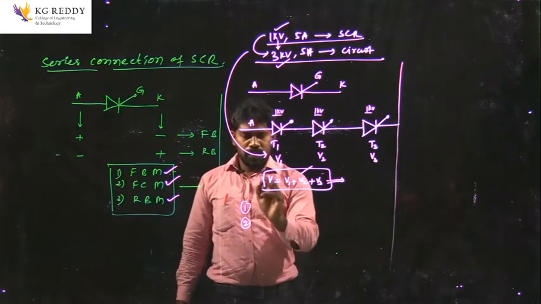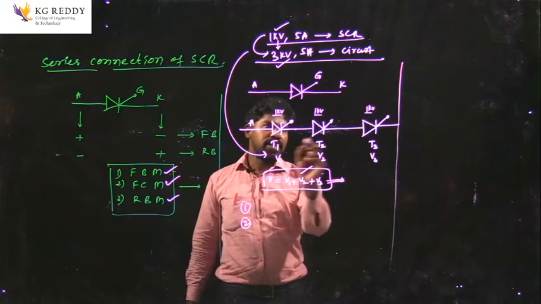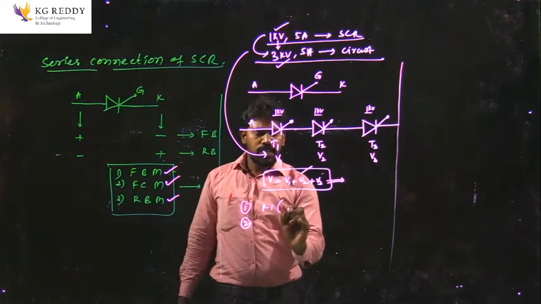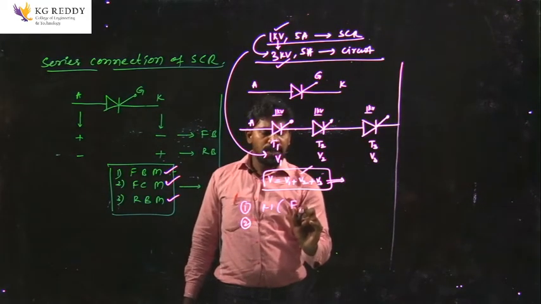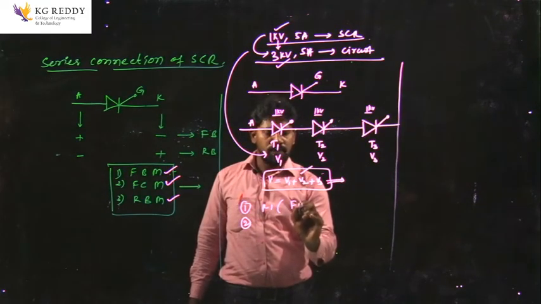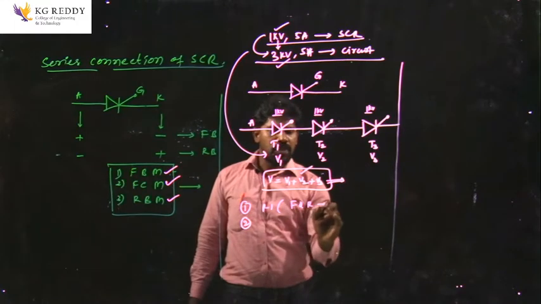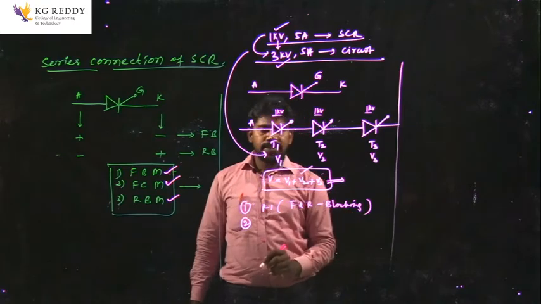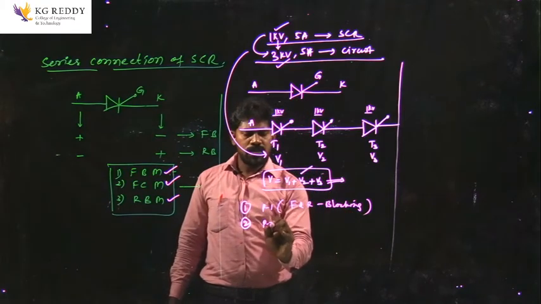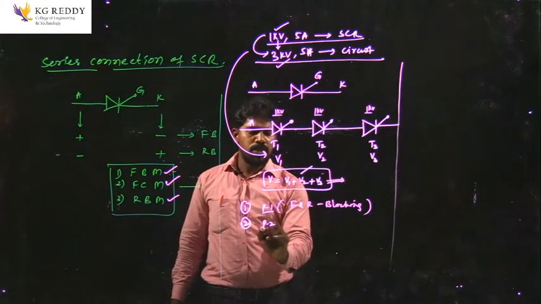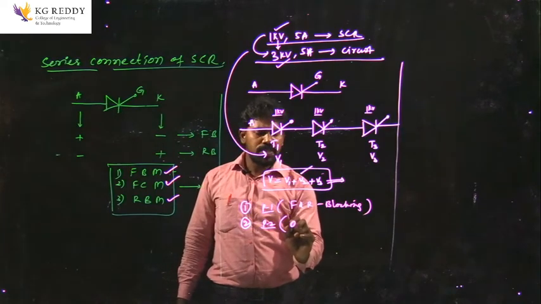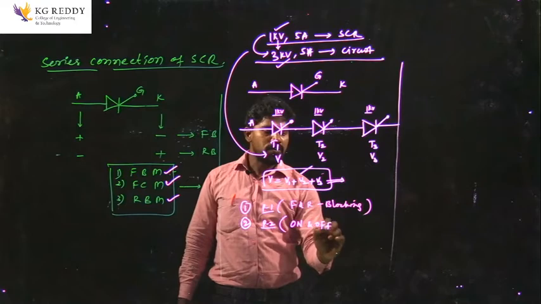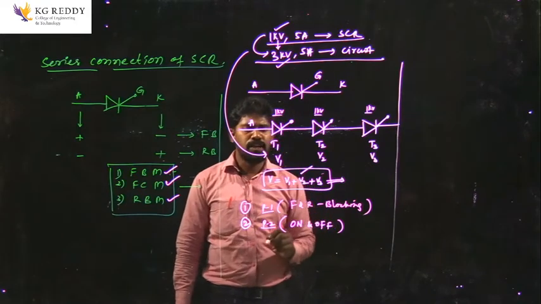The first problem is the forward and reverse blocking problem. The second problem is the turn on and turn off problem.